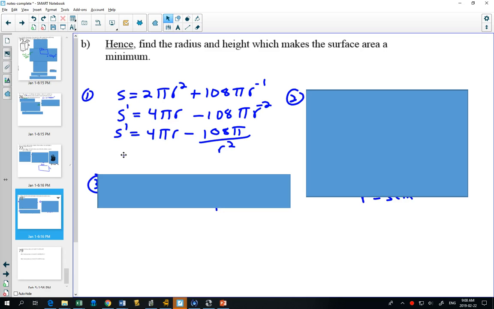So if I find my derivative here, I've got surface area in terms of radius. I can set the derivative of my surface area equal to 0. And by setting my derivative equal to 0, I can find the r value that would make it a minimum.